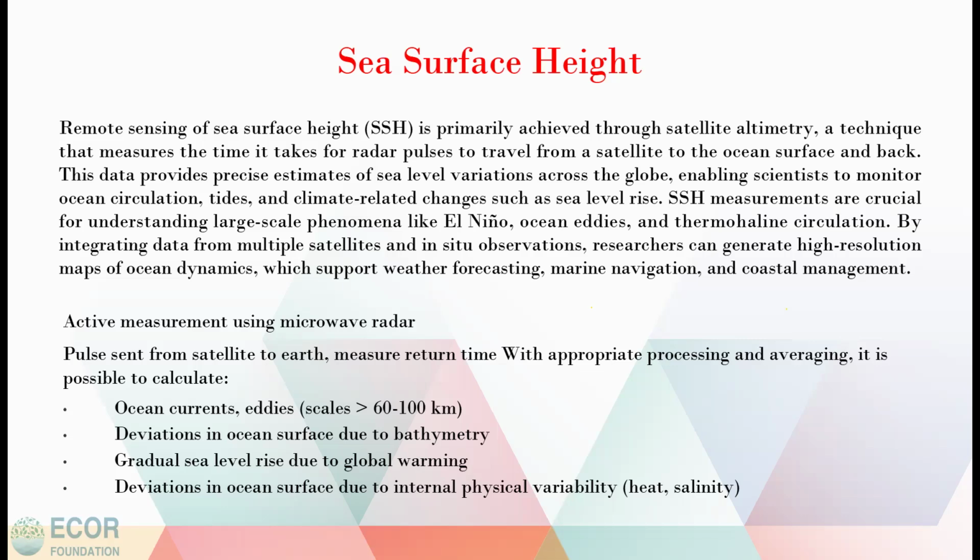Unlike chlorophyll, it uses active sensory measurement of sea surface height using microwave radar. So we can use this sea surface height in a huge number of applications and studies of the ocean surface.